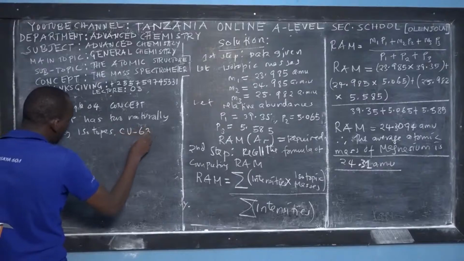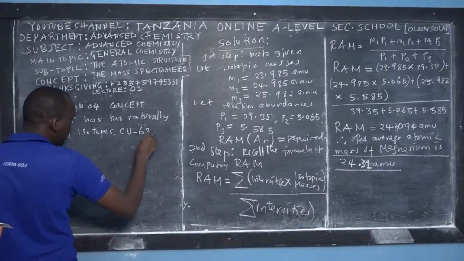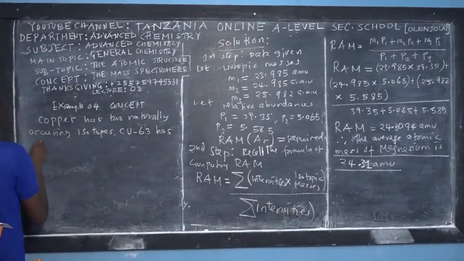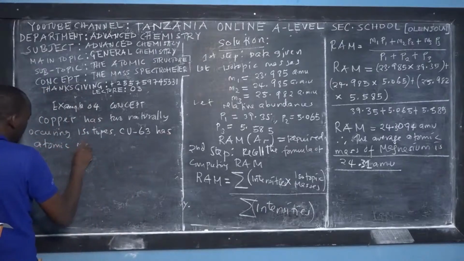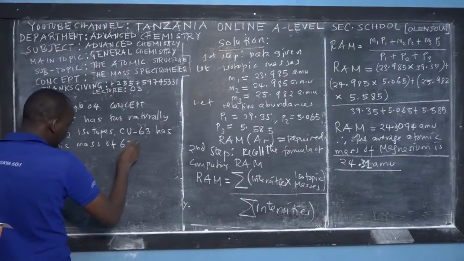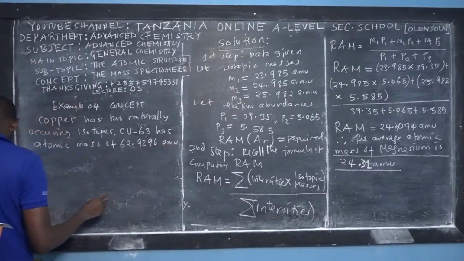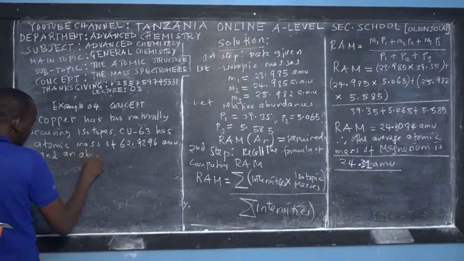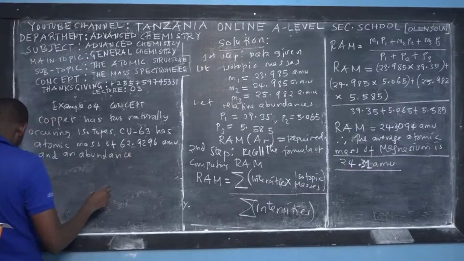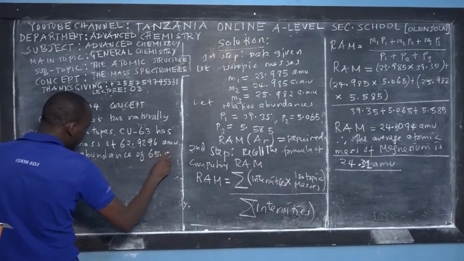Copper 63 has atomic mass of 62.92696 atomic mass unit, and an abundance of 65.15%.